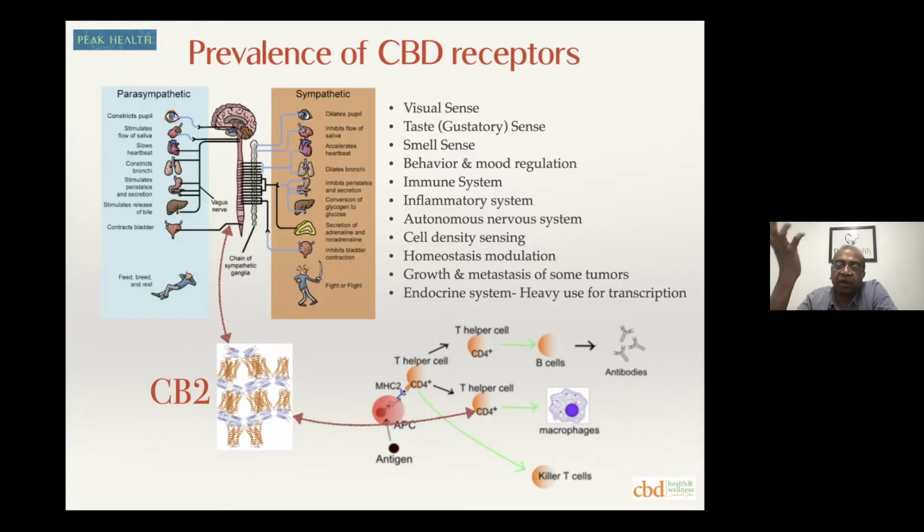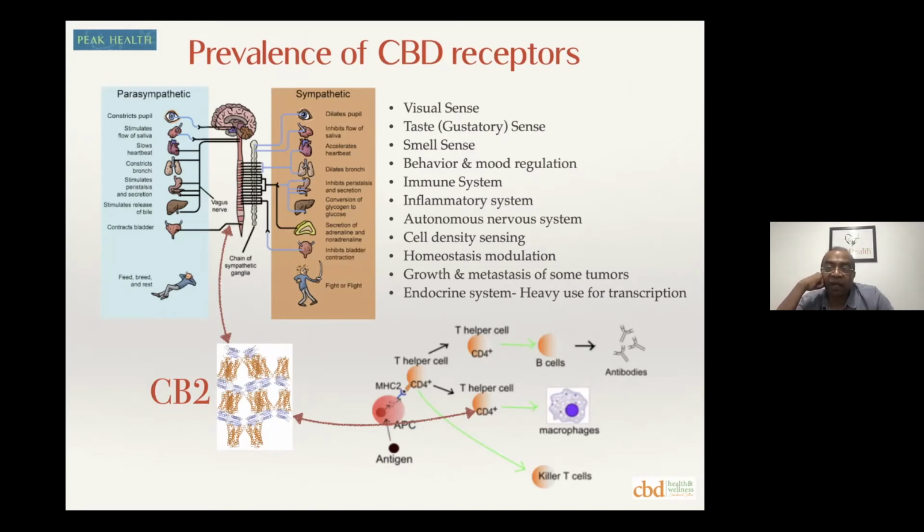We really don't have much control over these things: our immune system, our digestive functions, our blood peristalsis, contraction and expansion, the heartbeat. Most of those organs have a dense collection of CB2, completely on an orthogonal thing.